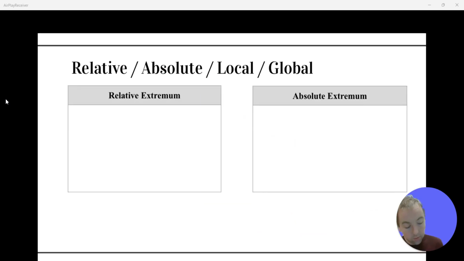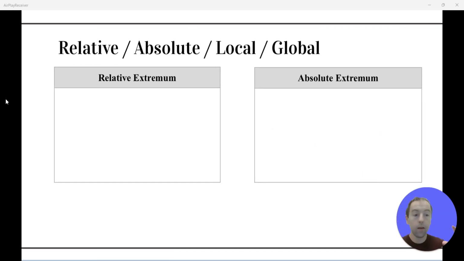All right, so what I was just alluding to a little bit ago is how we can separate between the highest and other high points, and then also separate between the lowest and other low points. So when you're looking at a graph of a function and we're looking for extremum, and we call them relative extremum, what that means is that they're going to be extreme points in a relative area of the graph, right? So literally any high or low point can be a relative extremum.